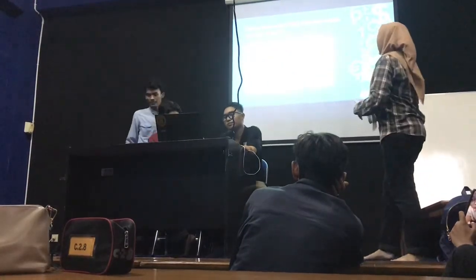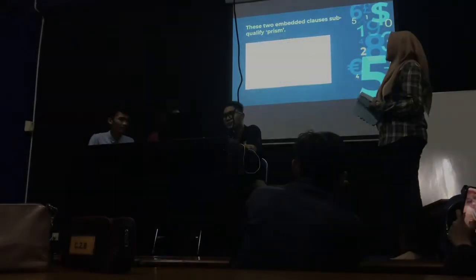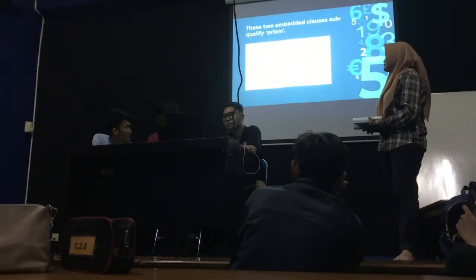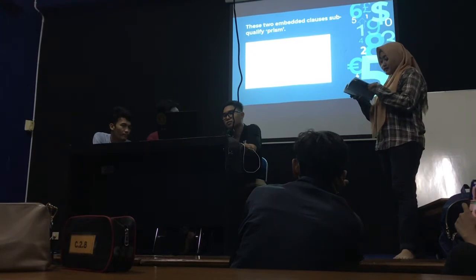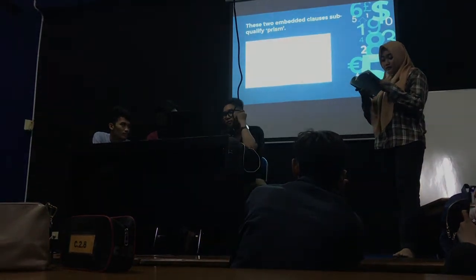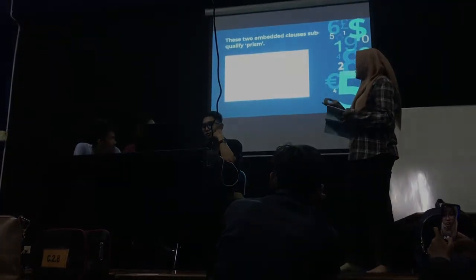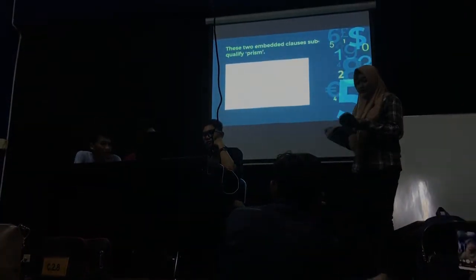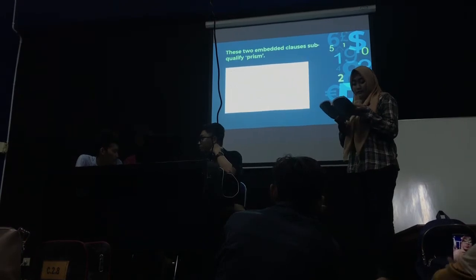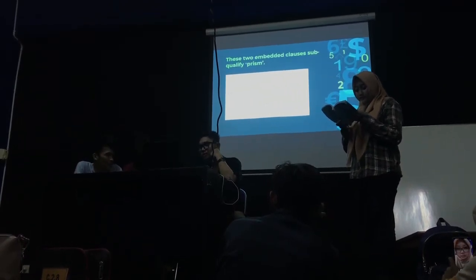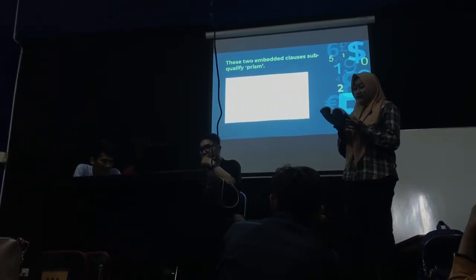Okay, next, these two embedded clauses sub-qualify. The first, A, is 3 square centimeters. So 3 is numerative and square centimeters is thing. And B, here is a square with each side 3 centimeters.